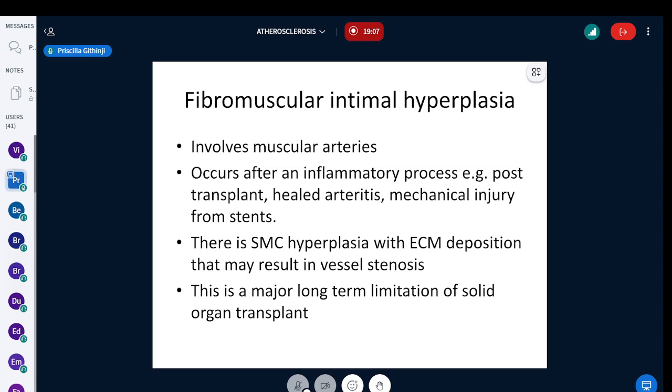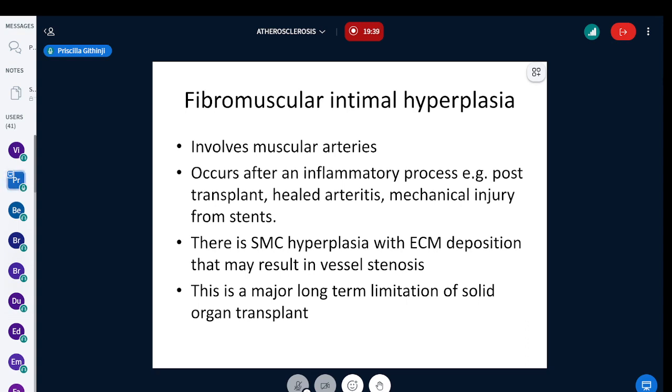Then the other disorder we mentioned is fibromuscular intimal hyperplasia. As the name suggests, this involves muscular arteries, and it usually occurs after an inflammatory process, for example in patients who have had transplants, where you had infection or inflammation of your blood vessels, called healed arteritis, or where you have mechanical injury to blood vessels, for example when you have to put in stents.